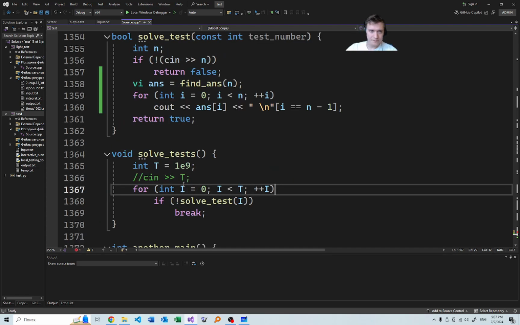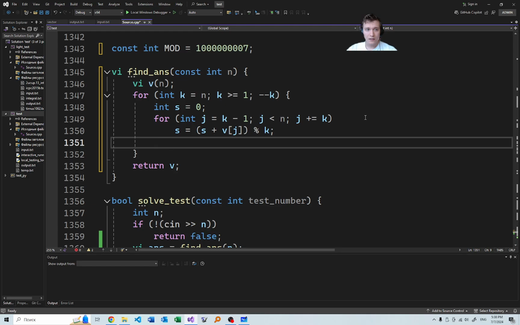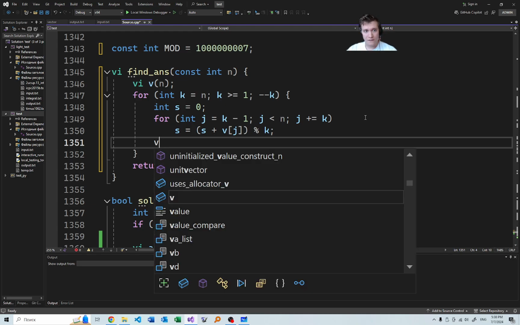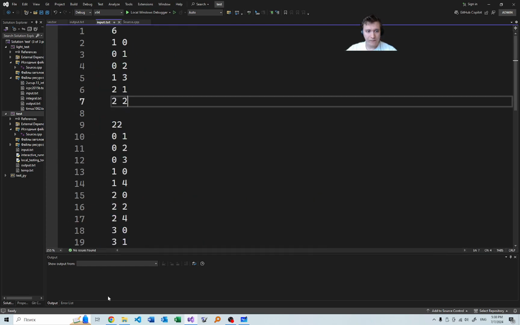And we say that S is the sum of S and, okay, let's just say that it is S plus Vj percent k. And now we just say that v k minus 1 is simply k minus s. Basically, that's it.